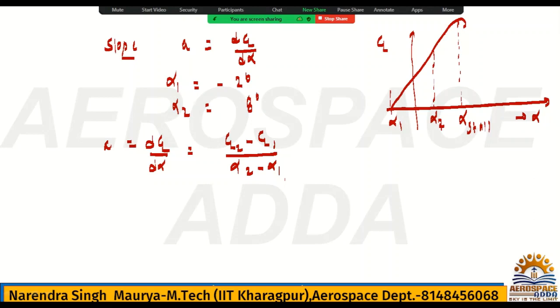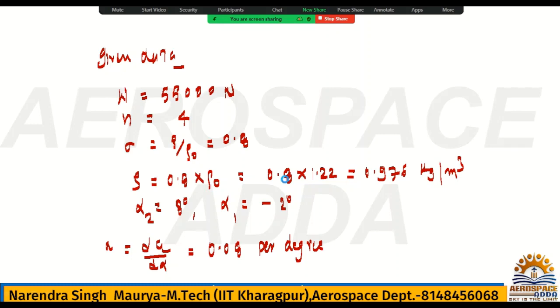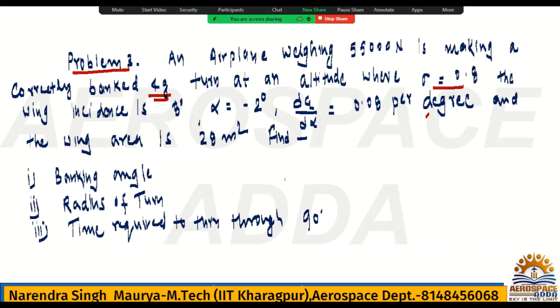Why am I writing this? Because with the help of this slope and angle, we have to calculate the value of the lift coefficient CL. Why will the lift coefficient be required? Because to calculate the radius of turn, in all the formulas, the banking angle is phi.